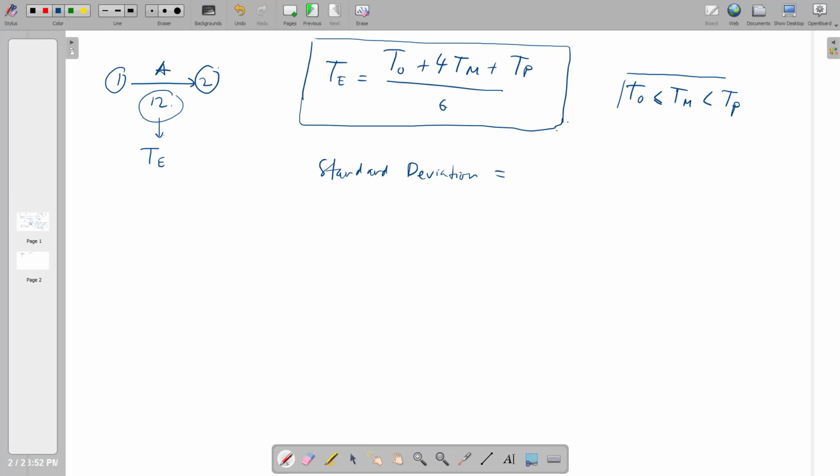If you memorize this, that means that the range of a project is the pessimistic time minus the optimistic time.